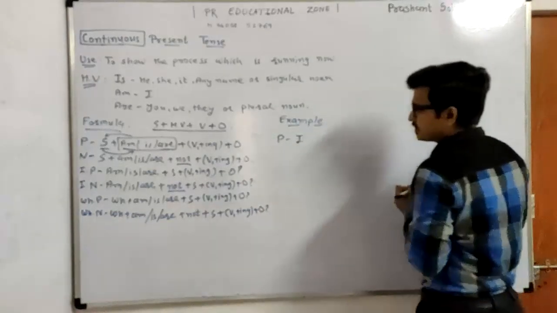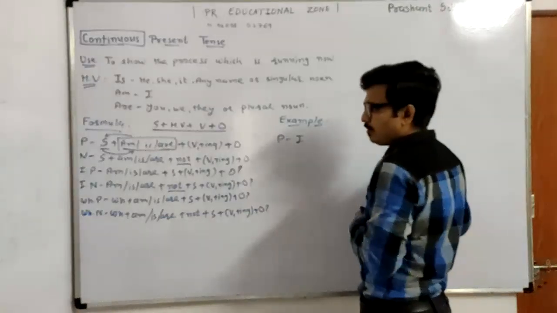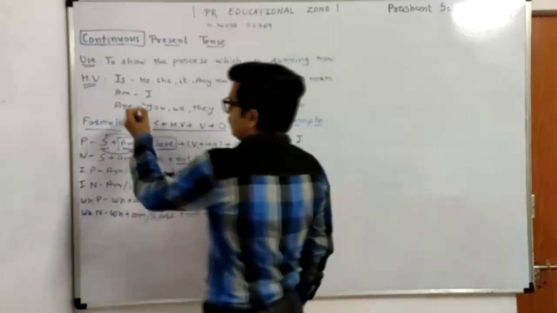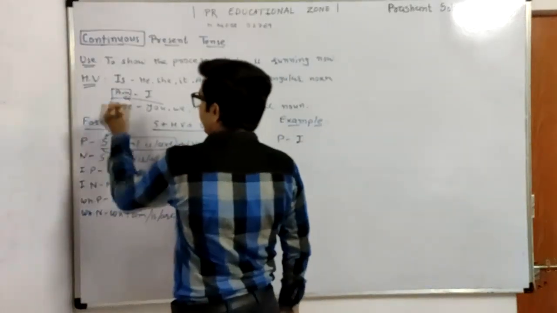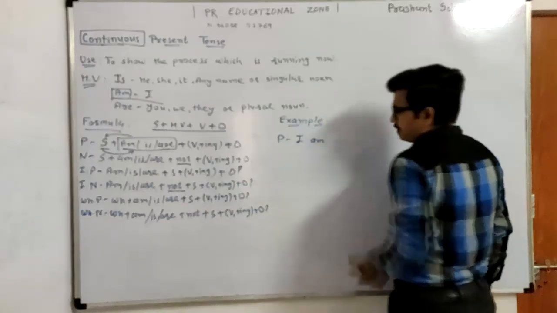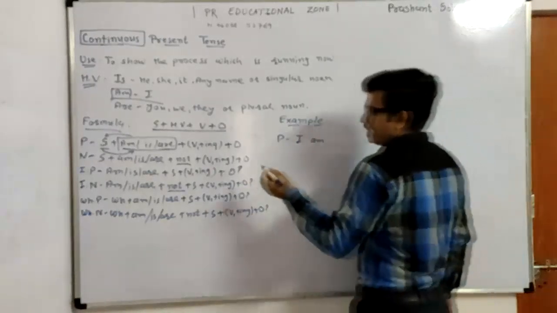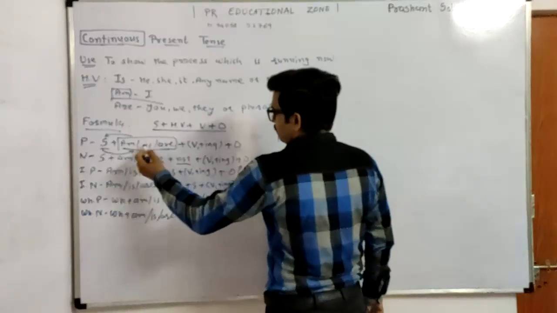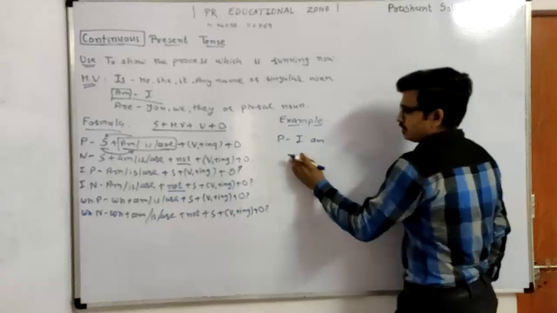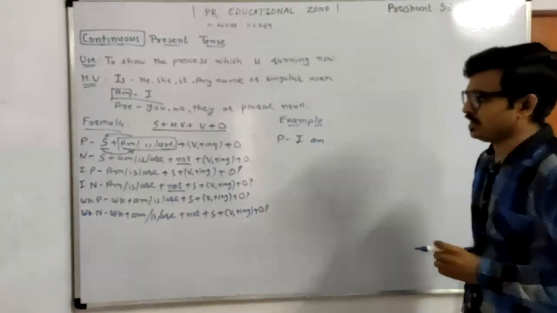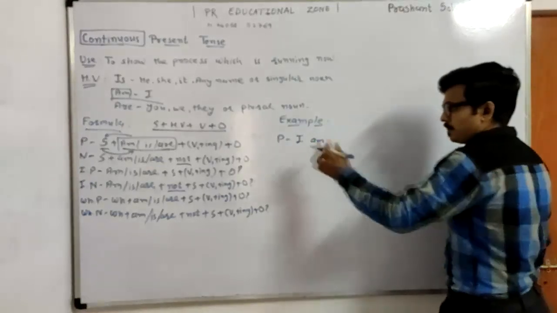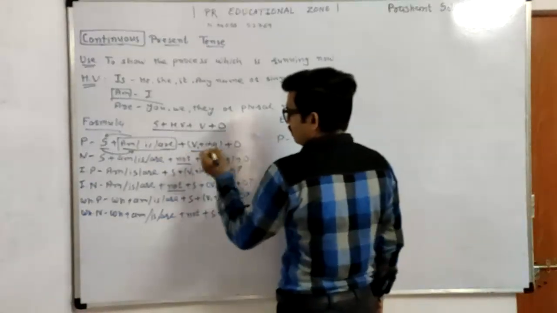Let's take I, and what will come after I? Am. Am will come after I, and then we will not put all three, we will put only am, because here the subject is I. Here we are taking the helping verb as per the subject.